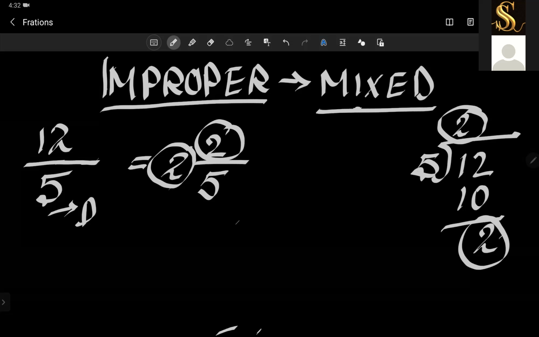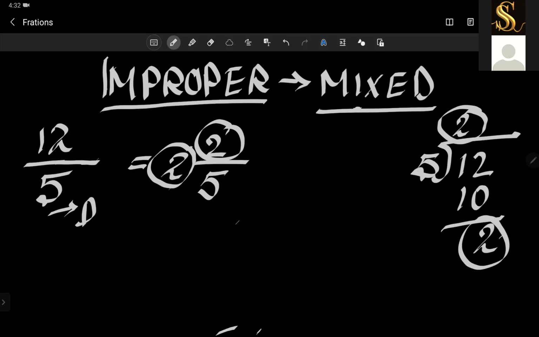So now let's move on to the addition of fractions. But before we start addition of fractions, you'll have to know what is BODMAS. Now BODMAS stands for, do you know what it stands for? No? Then let me tell you.